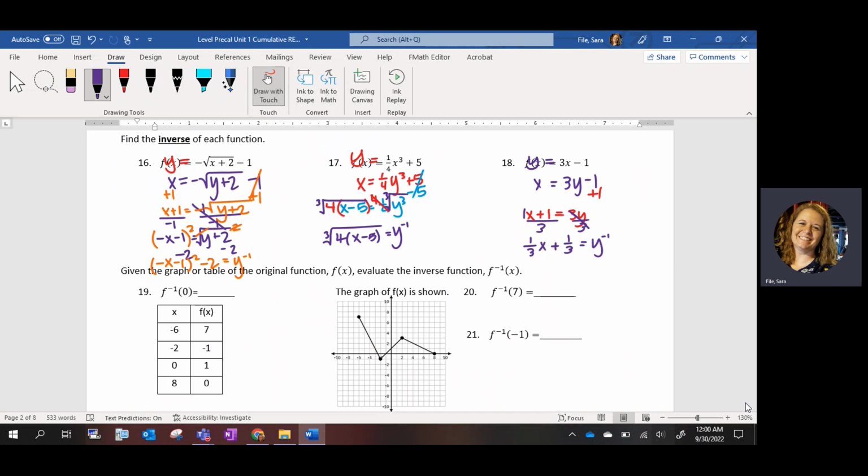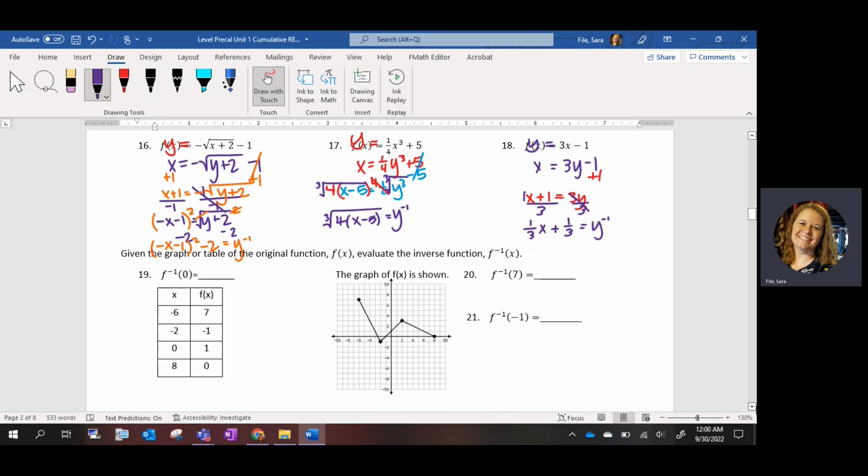So those are inverses. Now, inverses from graphs and tables, I think are easier, but you have to understand the inverse relationship, that the x and the y switch. So if it's helpful to you, actually physically switch them. So make yourself a new table for the inverse if you think it will help you.